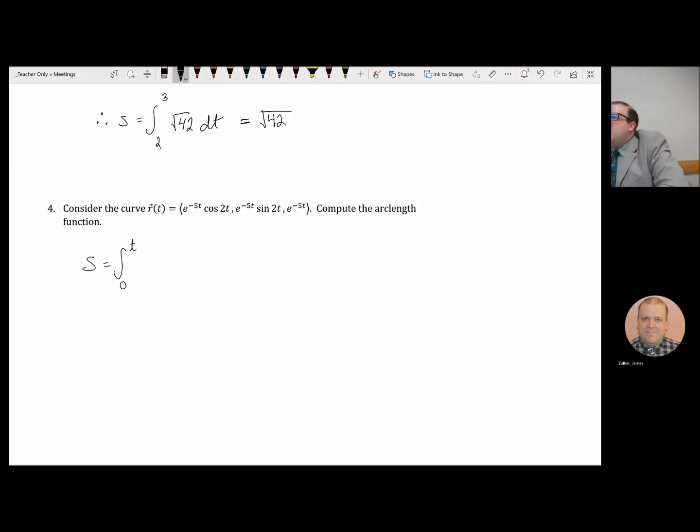If it doesn't give you an interval, just assume that the interval starts at 0. So we're going to integrate 0 to t.